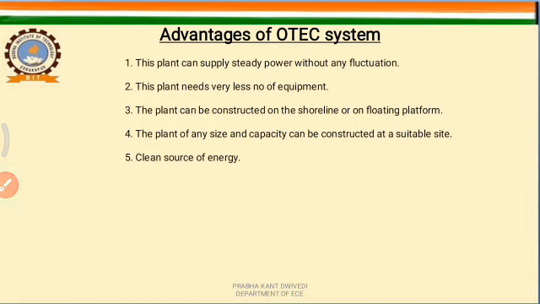The advantages of this system include that this plant can supply steady power without any fluctuation because energy always remains available to this system. The other advantage is that this plant needs very few pieces of equipment. As you can see in the previous two diagrams, very few pieces of equipment are required.